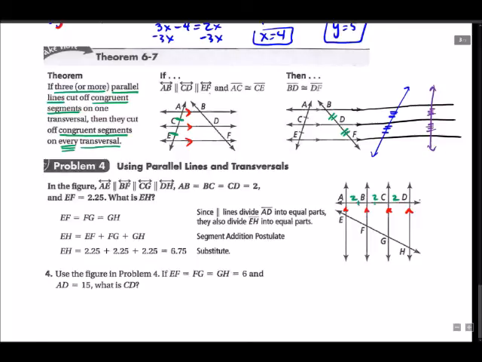So these are congruent. That tells me that every other transversal is congruent. And I know that EF is 2.5 units long. So what is EH? Oh, that's the length of the whole thing. Well, I can just label all of these 2.5, add them all up, and we get 6.75.